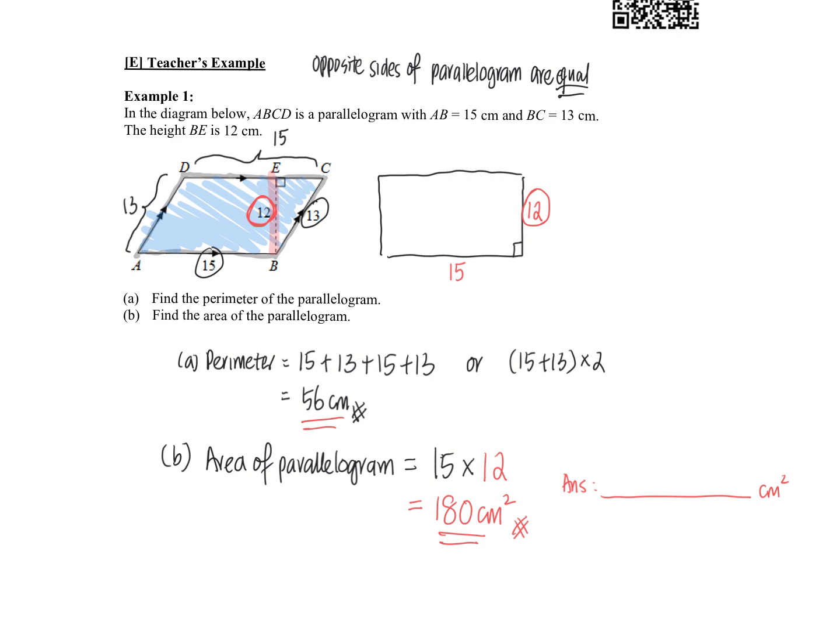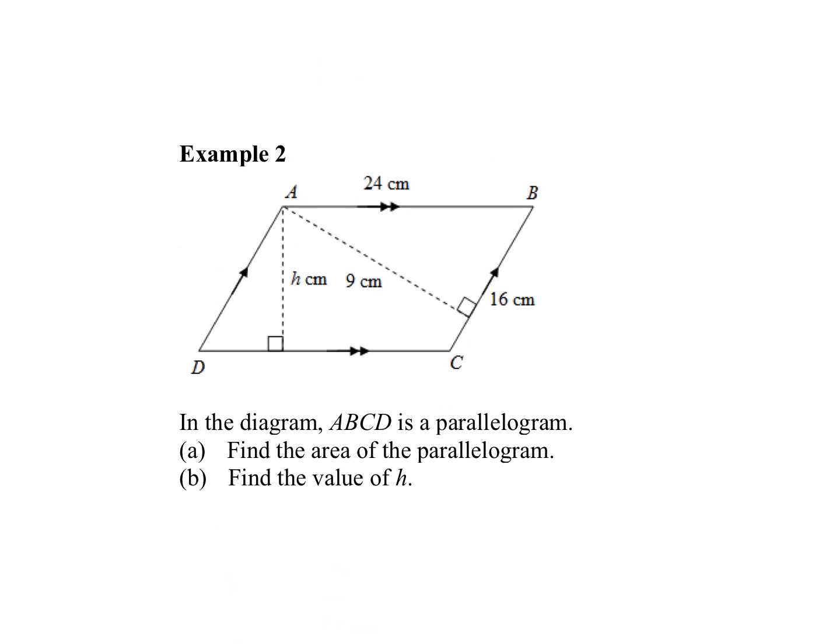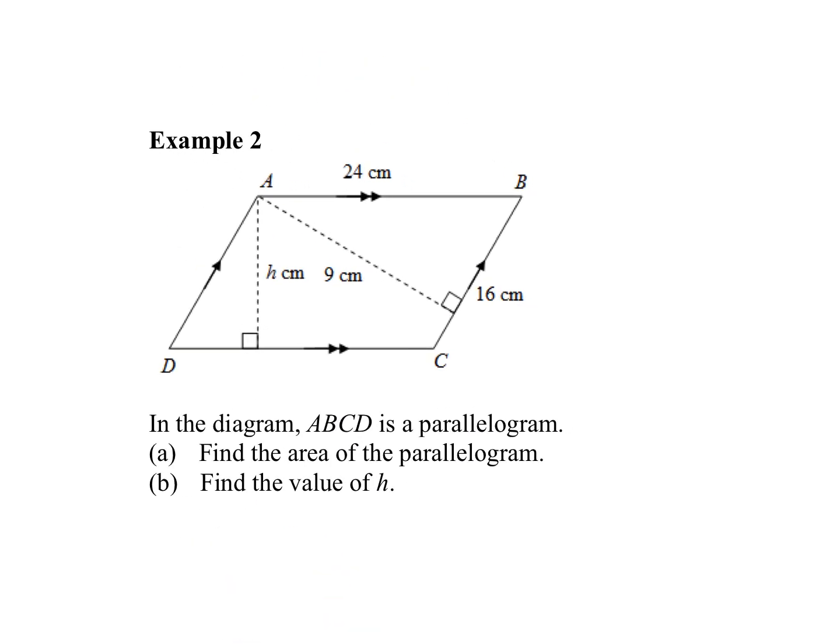Slowly they start to throw in a lot of lines to confuse you. Let's look at this one. Let me now check with Wing Yu. How to find the area of this parallelogram?